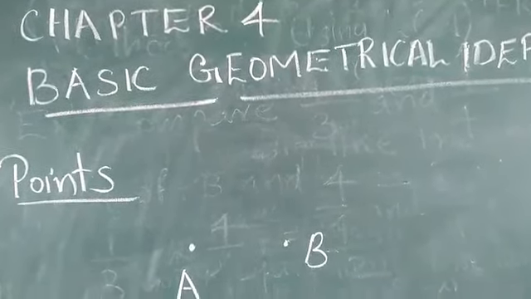Next point is intersecting lines. What do you mean by intersecting? Intersecting means meeting at a point, meeting or joining at a point.